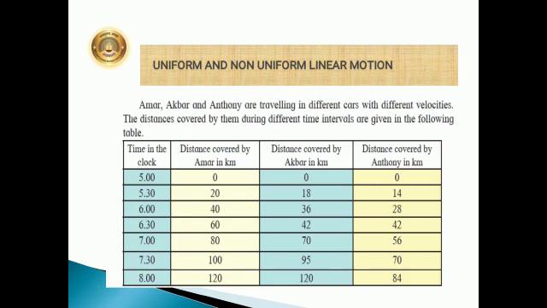So here the continuity is not maintained. The change in kilometers is not maintained, it is changing. Now the distance covered by Anthony is 0, 14, the difference is 14, again from 14 to 28 the difference is 14, again from 28 to 42 the difference is 14. So here the distance difference is also equal.